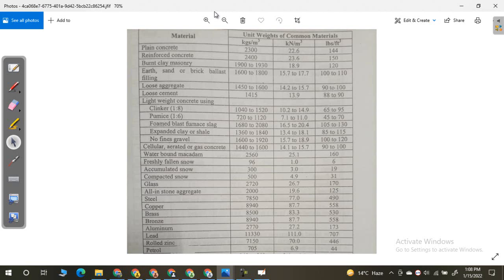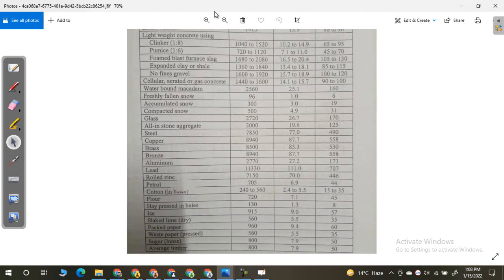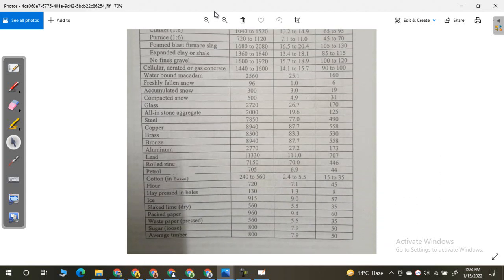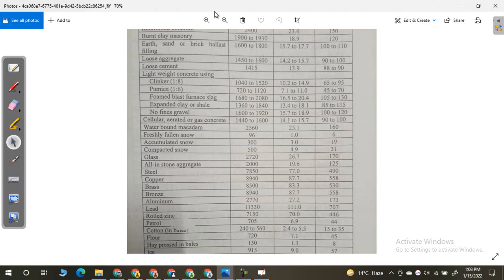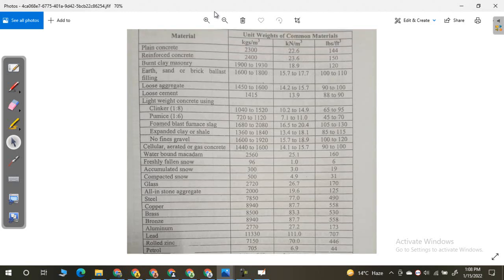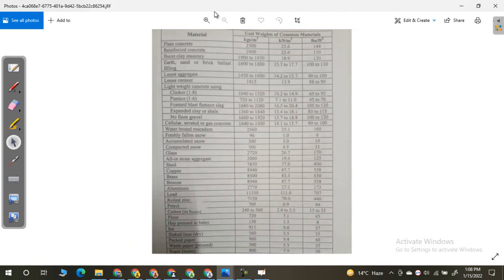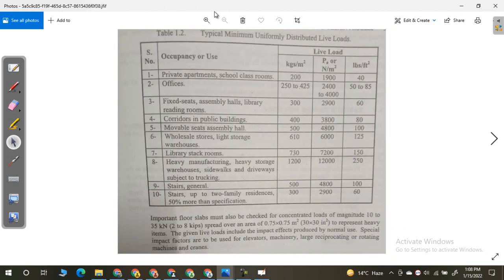It varies. So all these are the weights of various materials, right? We will use these weights. If these materials are supported by our slab or by our beam, we need these unit weights of the material. So please remember this chart, it will help you.